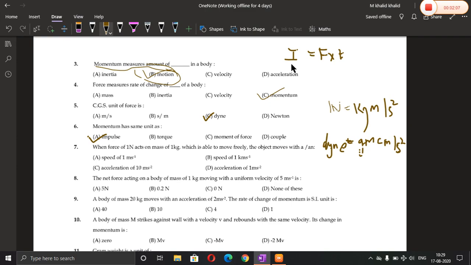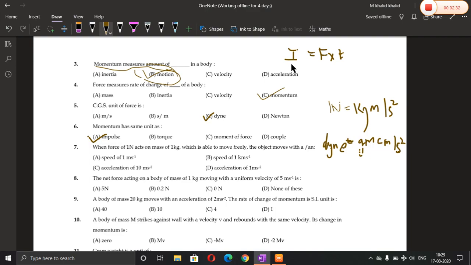If we have to give examples of impulse, we can consider that if we use a hammer to hammer down a nail into the wall, then we apply a large amount of force by the hammer on the nail head, and it penetrates into the wall.